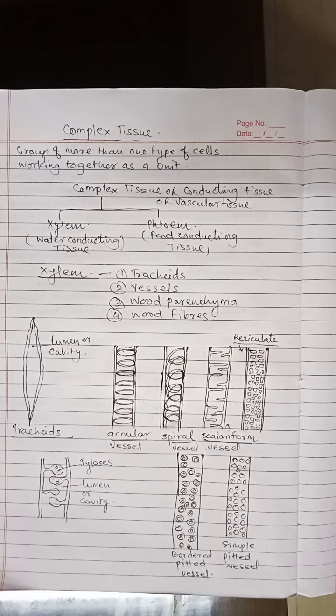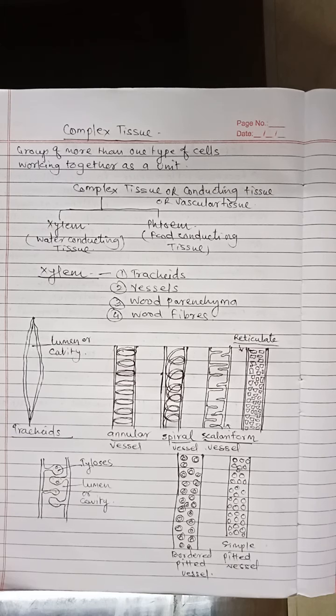In annular thickening, rings of lignin are deposited one above the other in the interior of the original cell wall. In spiral type, the thickening takes place in the form of spiral bands.